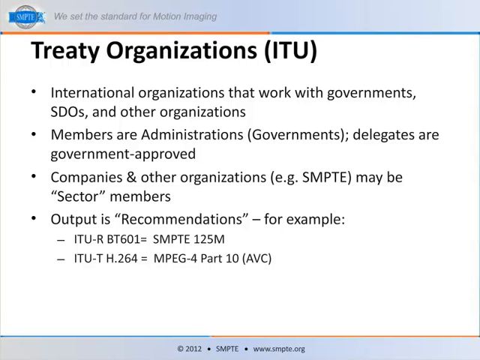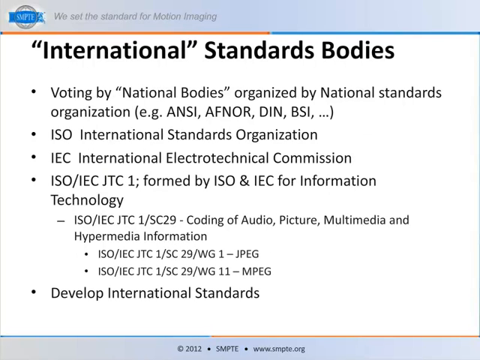ITU produces recommendations like BT 601, which was derived from SMPTE 125M, and also ITU-T, the telecommunications, publishes H.264, for example, which is derived from MPEG-4 Part 10. So it's largely a derivative process. Then there are international standards bodies. ISO and IEC are the real examples here.